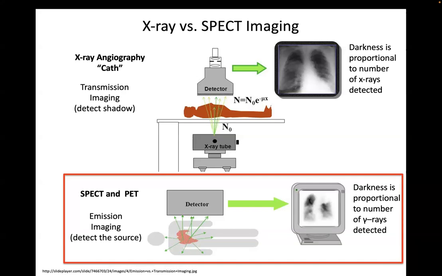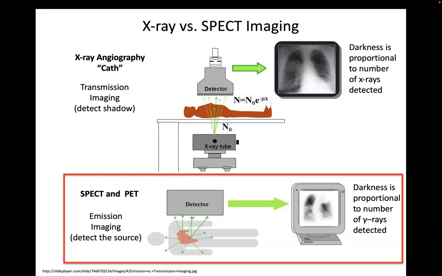For our application in cardiac, we would like to look at the heart. And so the agent gets taken up by the myocardium, and then we take images of the myocardium over the next 20 minutes or so after injecting a contrast agent.